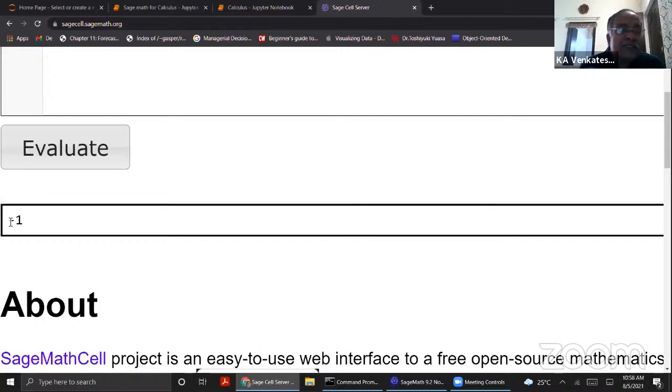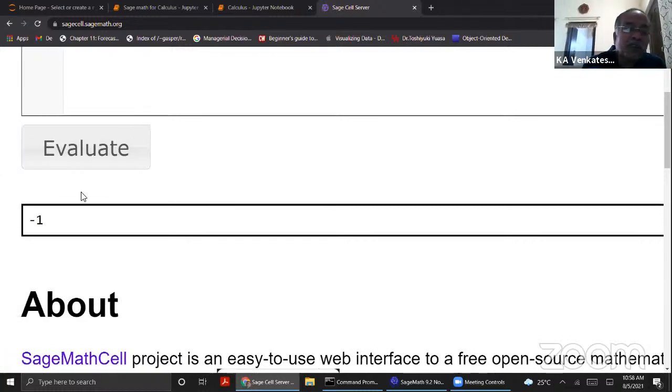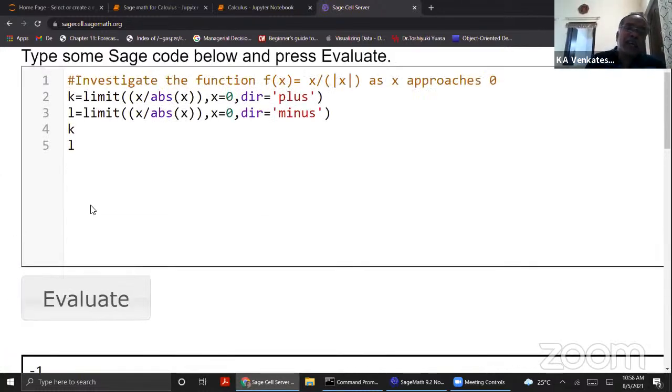Now you look at this, only one is coming. Let me see whether it is appearing on the other side. No. So the meaning of that is, if we are not putting this precisely, the output is different. You should play with this so that in front of the class, you should not have this kind of doubt.